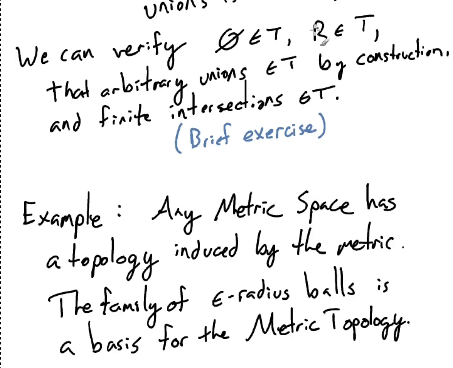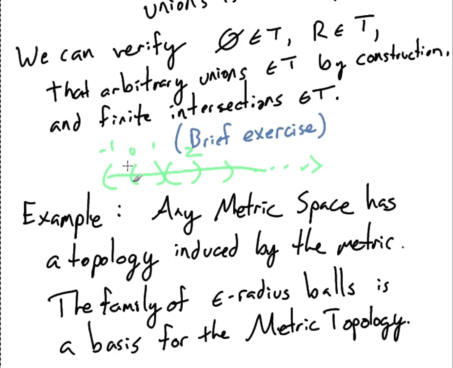We can verify that the entire real number line is a member of the topology because we can reconstruct it using the strategy that I described a moment ago, where we have from -1 to 1, and we have the set from 0 to 2, and we keep doing this infinitely in that direction.